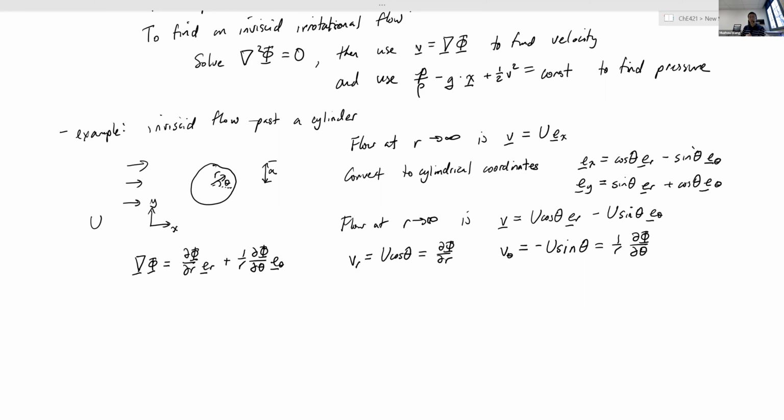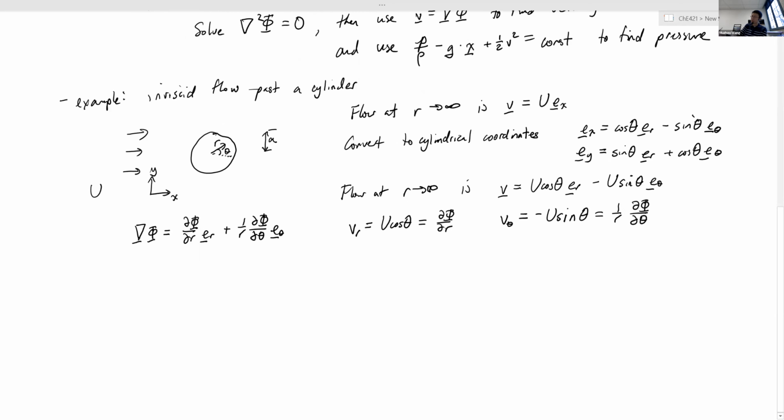So what this implies then is that at r goes to infinity, phi can be written like this. If you don't believe me, do the derivatives.